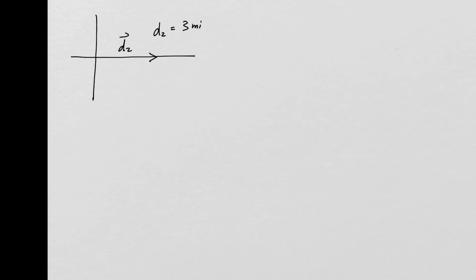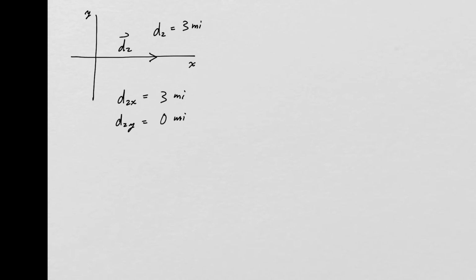So again, because this is right along one of the axes, you could easily figure this out. You could say, oh, d2x, well, it's all acting in the x direction, right? The entire magnitude, the 3 miles, is in the x direction, and it's positive. So this must be 3 miles. And in d2y, well, how much of that vector is in the y direction? Remember, this is x, this is y. None of it, right? It's all in the x direction. There's none in the y, so this must be 0 miles.